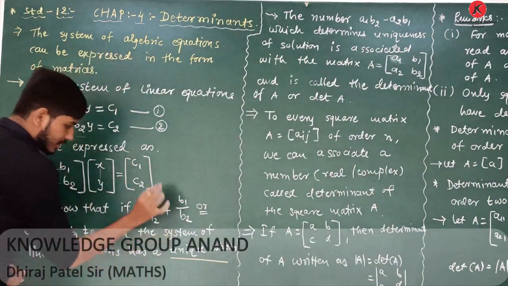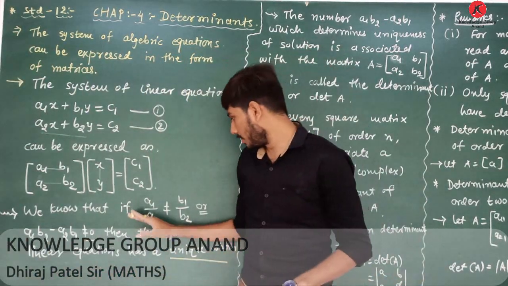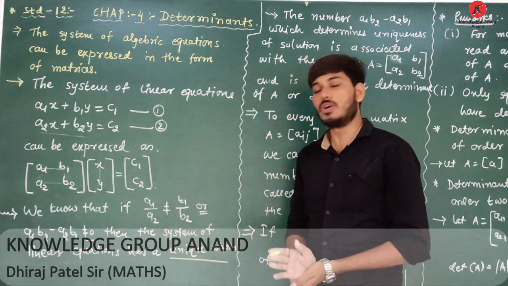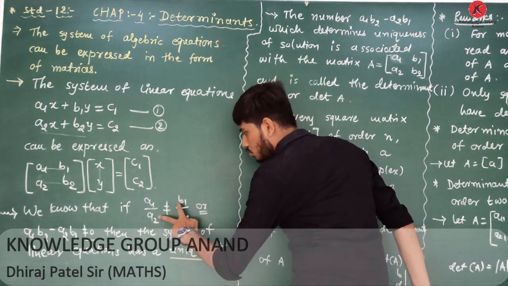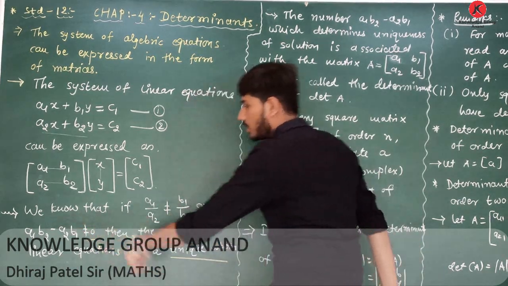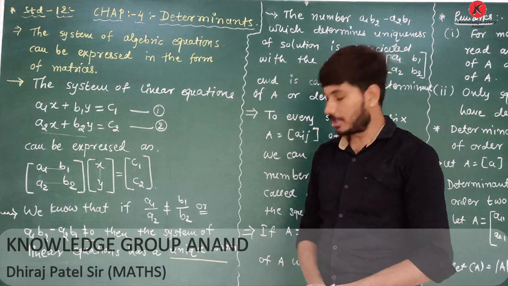We know that this is the property for unique solution. So if a1 b2 minus a2 b1 does not equal 0, then the system has unique solution.